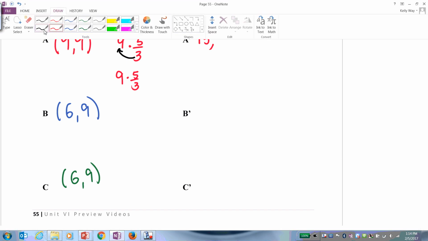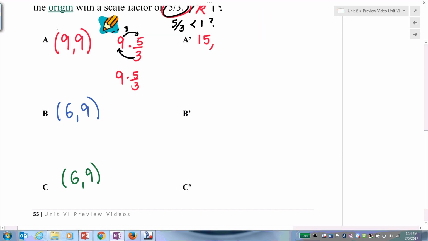I know it's exactly the same thing. I know you're arguing. You're like, Miss Way, I don't want to do it again. I don't care. You're going to do it this time. You can start taking shortcuts later, but here you need the repetition. So there's your second 9. Arrow in. 3 goes into 9 3 times. Bring that little 3 around.